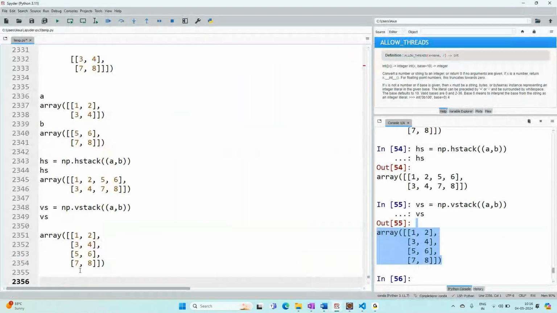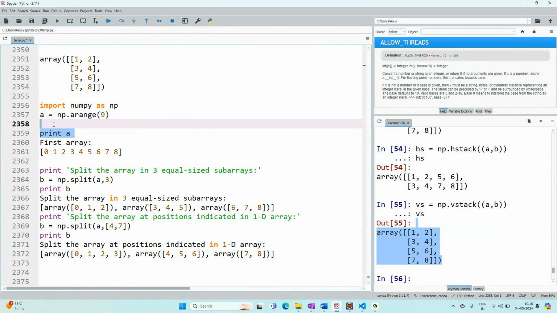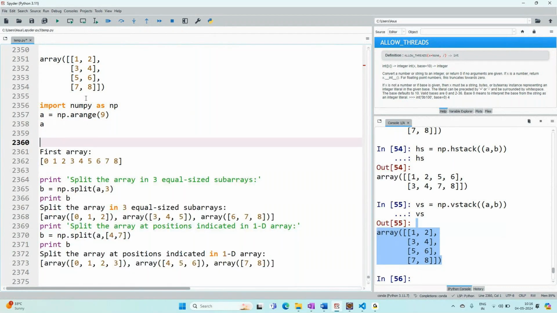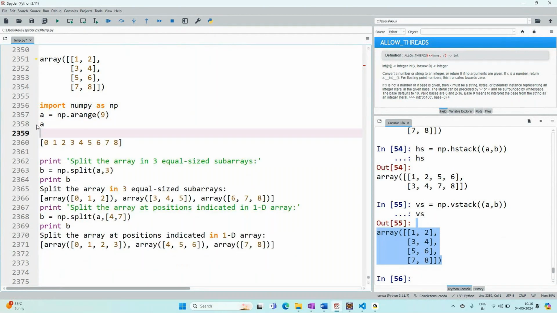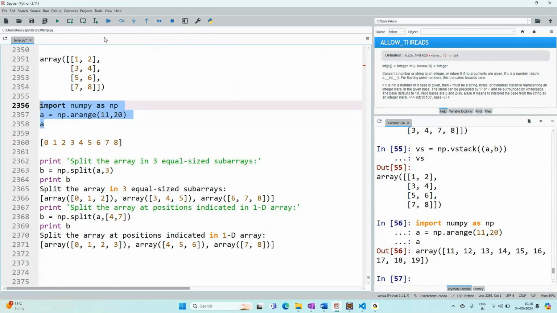Okay, right. So now arange. So what happens when I say arange? What will be a here? Go one by one. Otherwise, I'll just change the values. I will say 11 to 20, so 11 to 21.